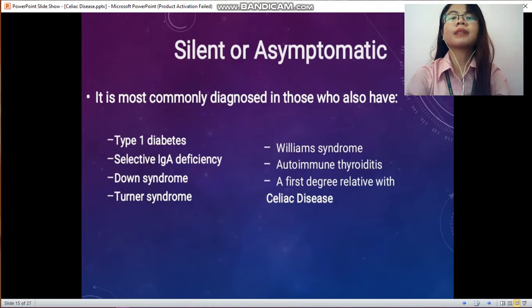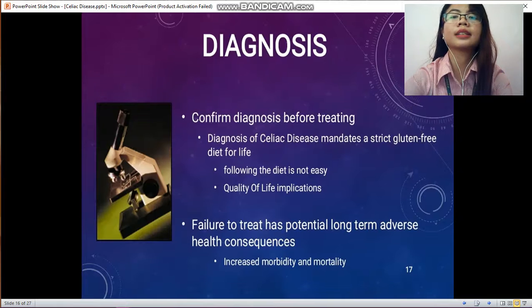While silent or asymptomatic, it is most commonly diagnosed in those who also have type 1 diabetes, selective IgA deficiency, Down syndrome, Turner syndrome, Williams syndrome, autoimmune thyroiditis, or a first-degree relative with celiac disease.